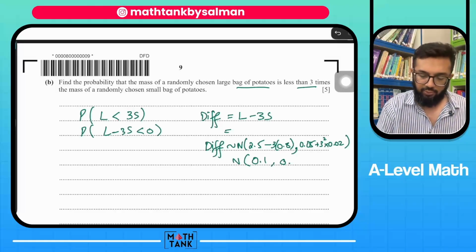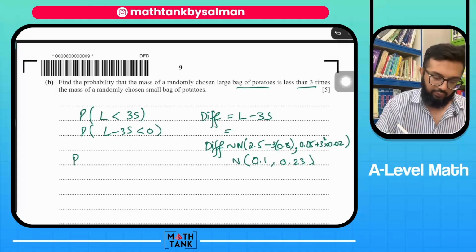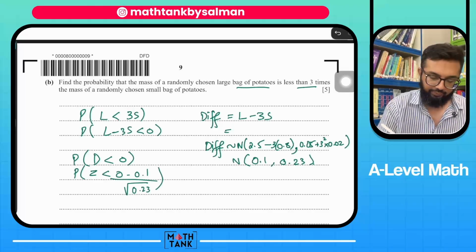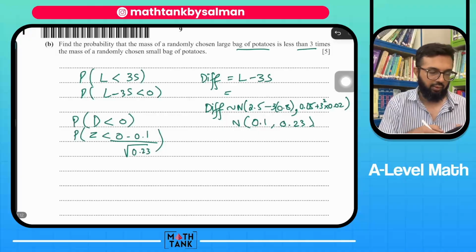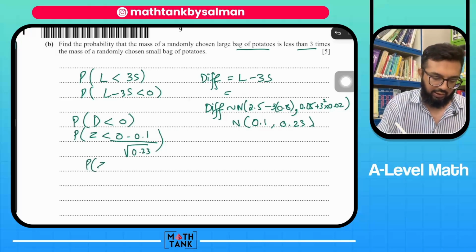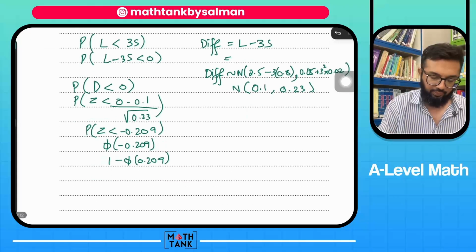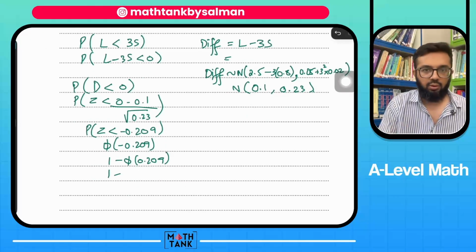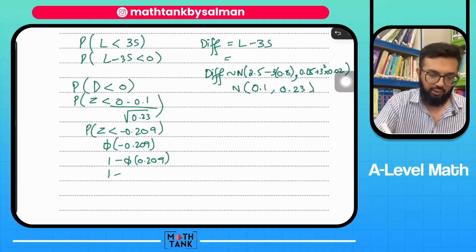I'm getting 0.1 for the mean. Difference is less than 0, so z is less than 0 minus 0.1 divided by root of the variance. That gives z less than minus 0.209. 1 minus the probability for 0.209.